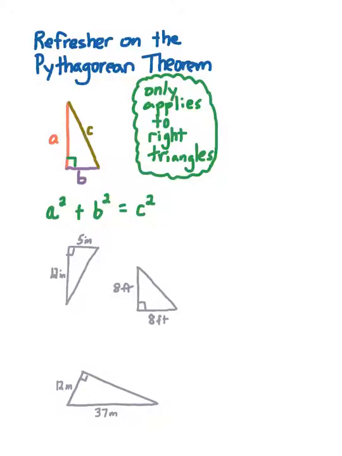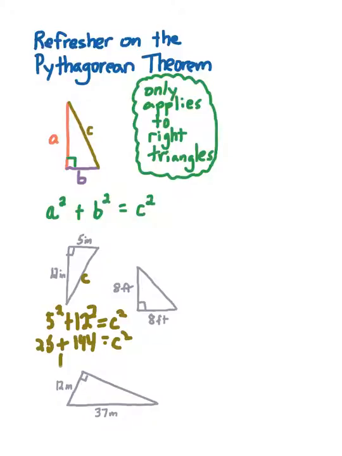So let's look at some examples here. Here's a pretty simple one. We have two legs, 5 and 12, and it doesn't matter which is A and which is B, so we'll say 5 squared plus 12 squared equals C squared. And so that gets us that 25 plus 144 equals C squared.